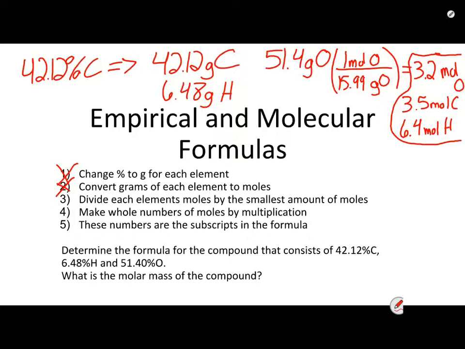Step 3, divide each element's moles by the smallest number of moles I have. Looking at those 3 numbers I have, what am I going to divide by? I'm going to divide by 3.2 for each of them, because 3.2 is my lowest number of moles.